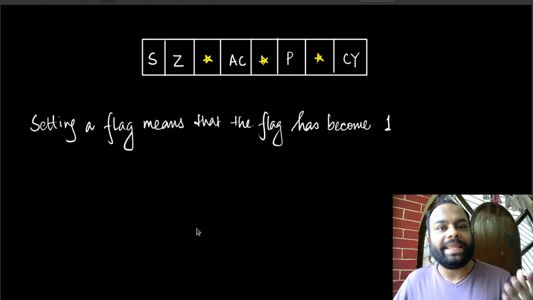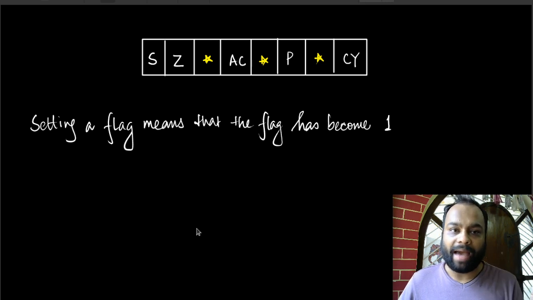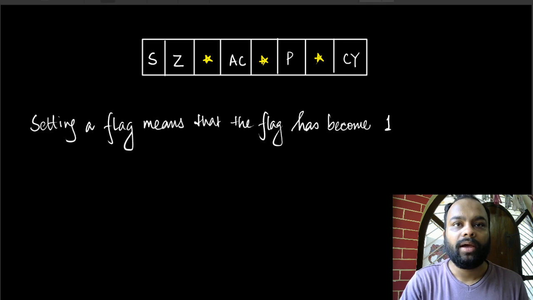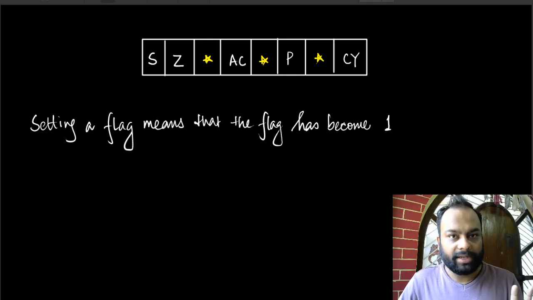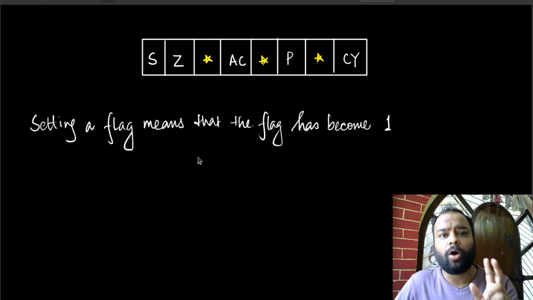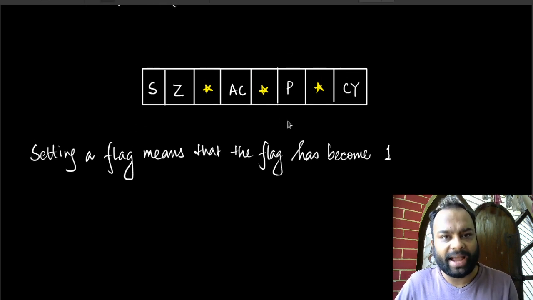All right, setting a flag means that something happened so that its value has become equal to 1. That's understood, right? So there are 5 flags of importance here. Out of these, the carry flag is most important.